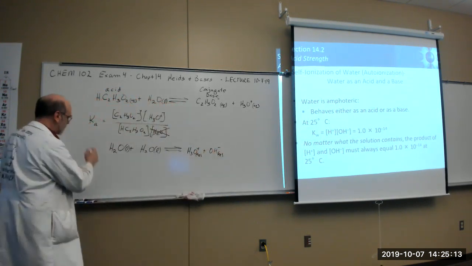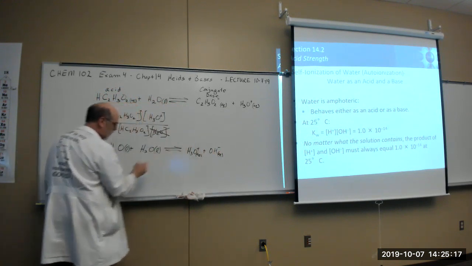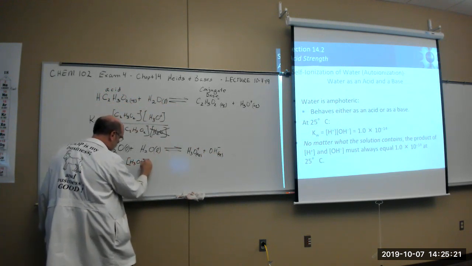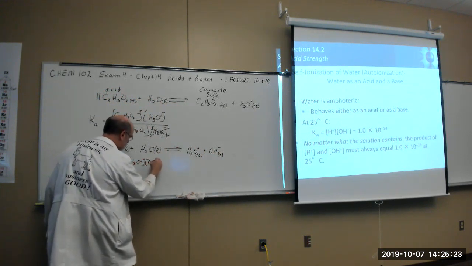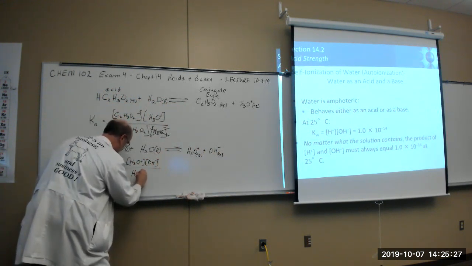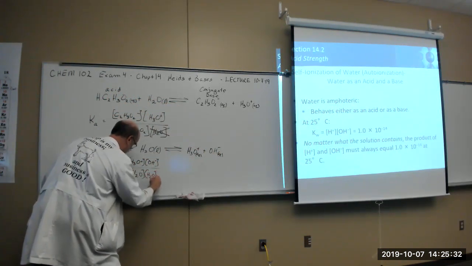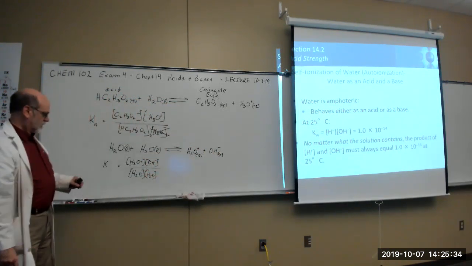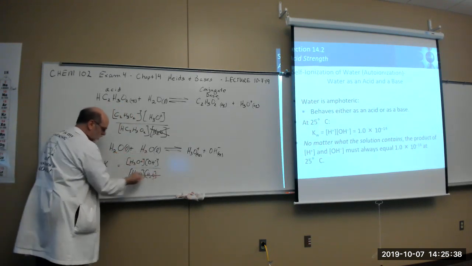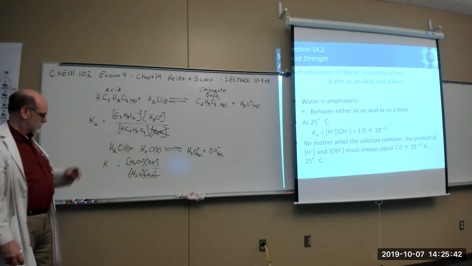Then if we write the K value for that, we take the products times there, divide by the reactants. Now, by convention, this is a pure liquid and that's a pure liquid. They both go out. They're not part of the expression.